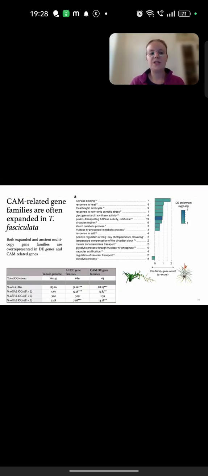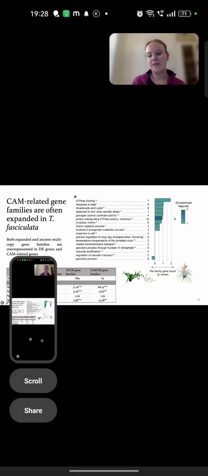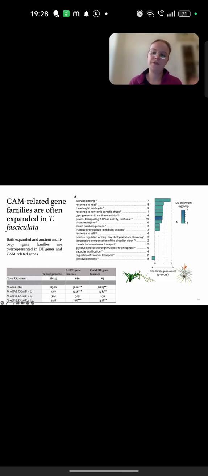But on the other hand, we did find an association between CAM-related gene families and that they were expanded. More often, they were expanded in Tillandsia fasciculata. So here I'm showing enriched GO terms in our differentially expressed genes that are in some way related to CAM photosynthesis. And these bars are showing whether the underlying genes belong to gene families that are more often expanded in fasciculata, that's when the bars are shifting to the right, or when they are more expanded in laeboldiana, meaning more copies in one species or in the other.